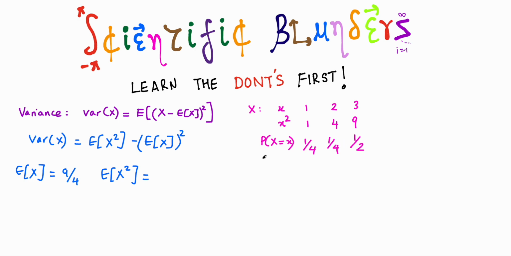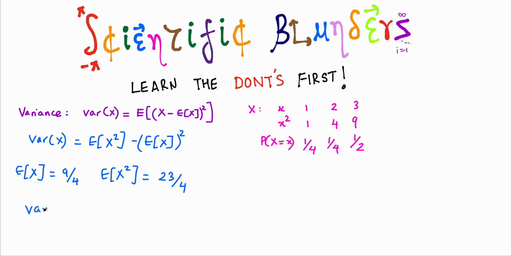And that is 23/4, correct? I'm going to leave these as an exercise for you because this is fairly simple and I want to focus on the main part of this video.